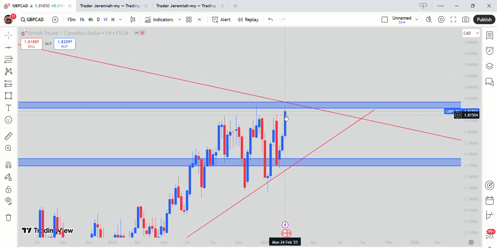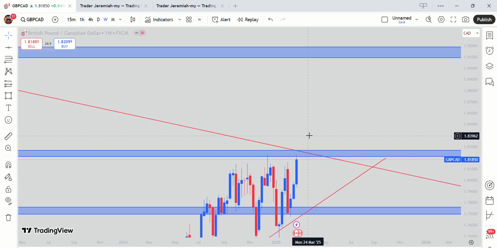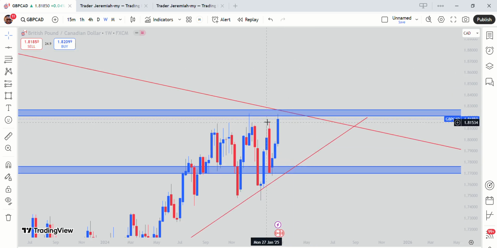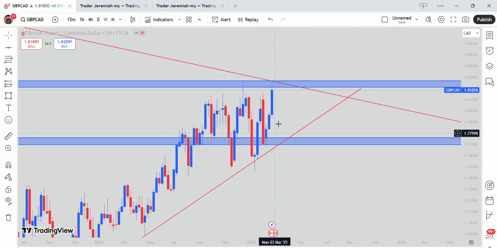If price breaks higher like this, I'll be waiting for a retracement back down into this resistance level and trend line area, to start looking for buying opportunities up to the next key level, the next resistance level. But if price gets rejected from this area, price will continue heading lower and break this. So this is going to be the first entry to get into the trade.